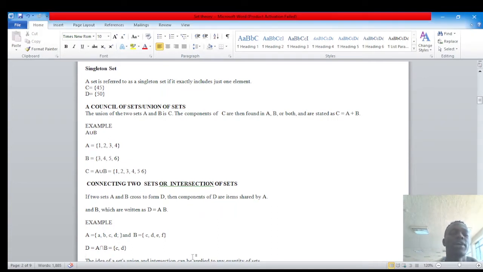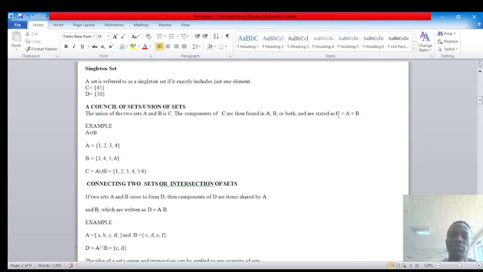Now we're going to look at the union of sets. Union means coming together. The union of two sets A and B is C. The elements of C are found in A, in B, or in both.